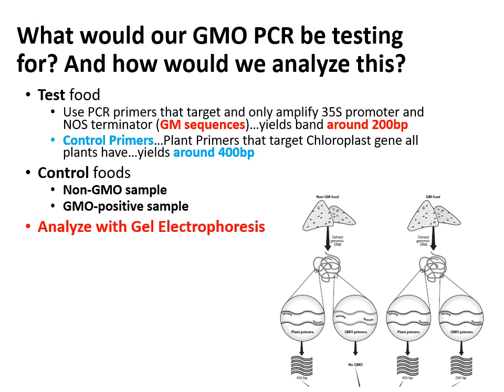So all food that contains any plant product would have these sequences, and they would yield a product that's around 400 base pairs. Just about everything we test has corn or wheat or some sort of plant product in it.